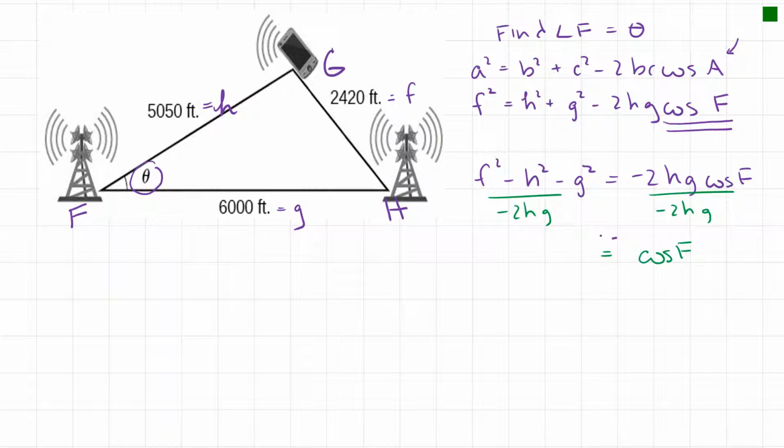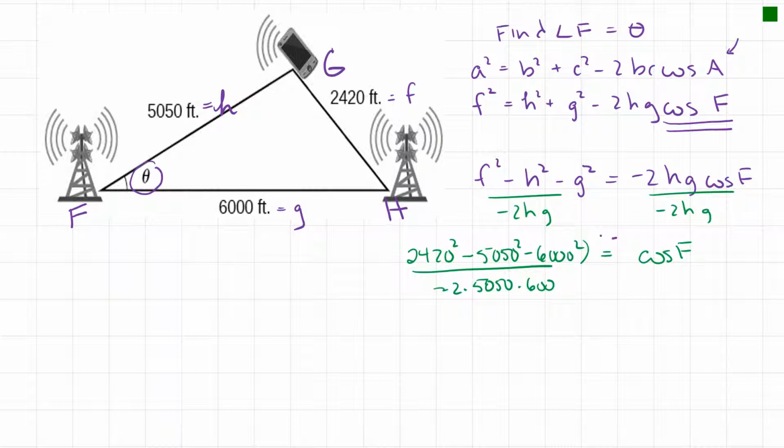And that leaves me with 2420 squared minus 550 squared minus 6,000 squared, all divided by negative 2 times 550 times 6,000.